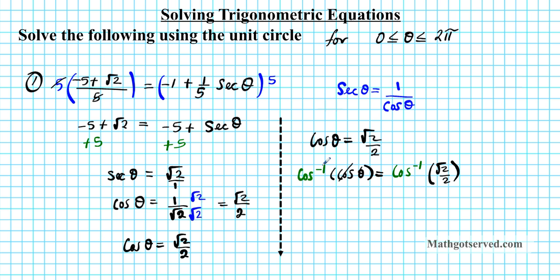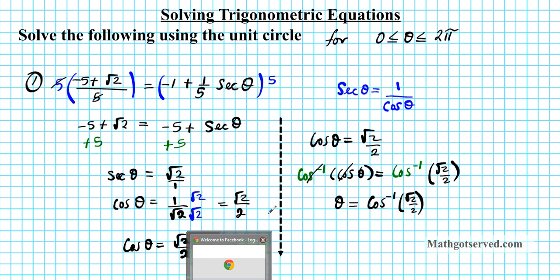So this cancels out. So we have theta equals the inverse cosine of root 2 over 2. Now, how do we solve this using our unit circle? Using our unit circle ratios, let's go ahead and consult our unit circle ratios.